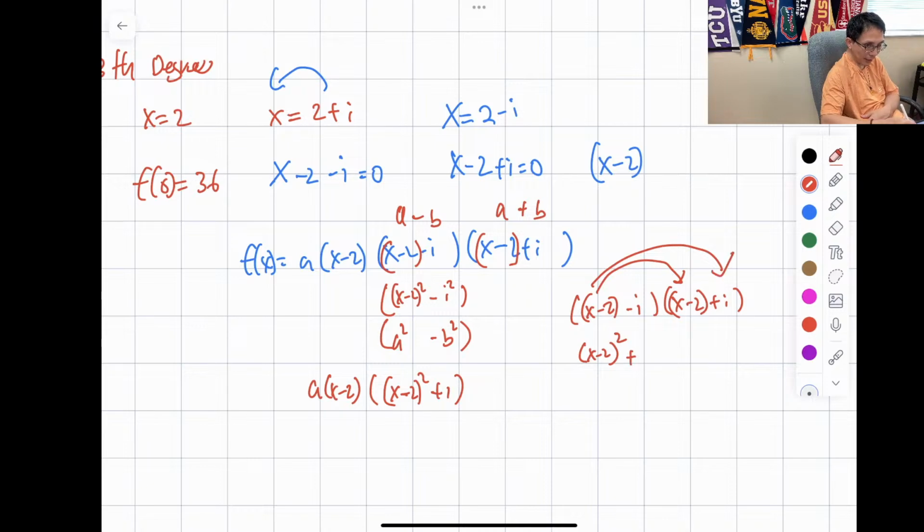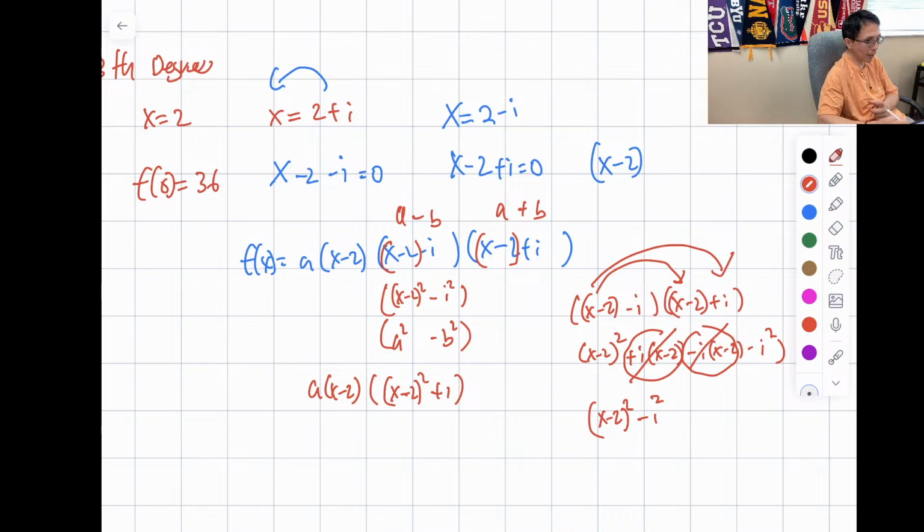That's gonna be plus i times x minus 2, right? Minus i times x minus 2, right? And then minus i squared. Is that okay? So what happened to these two? They cancel out. So eventually it's going to be x minus 2 squared minus i squared.